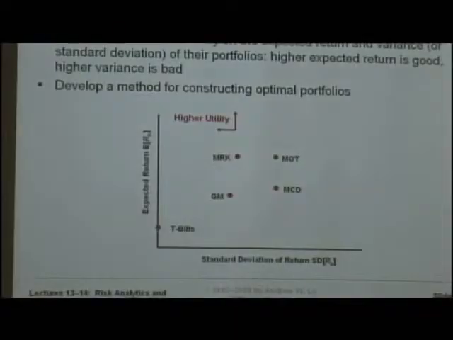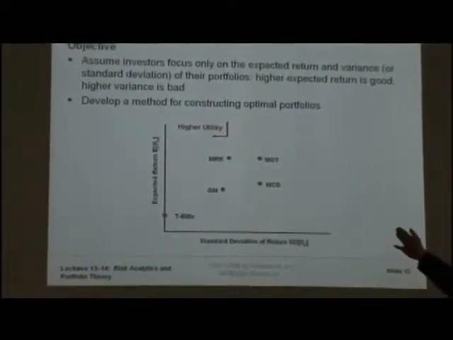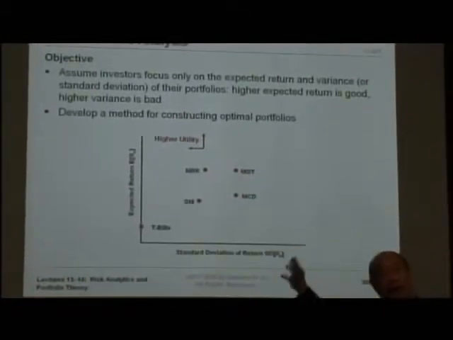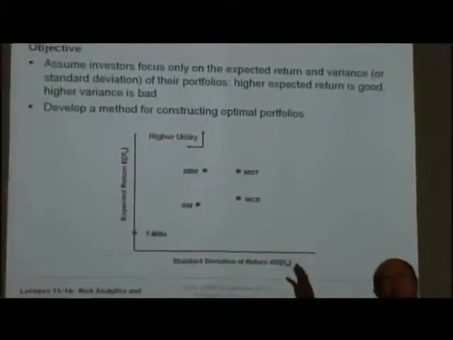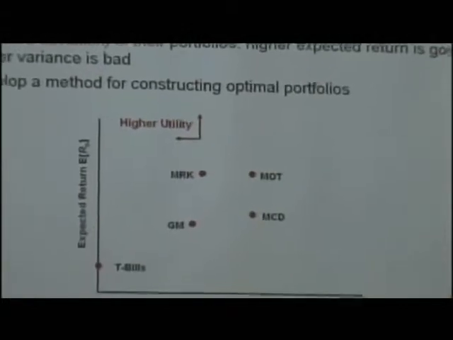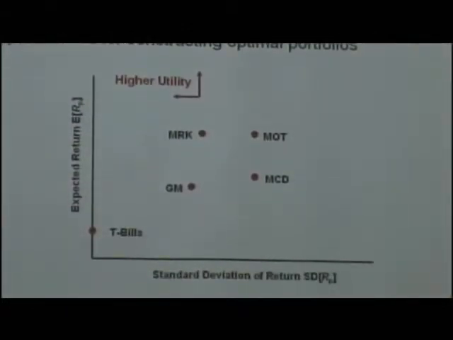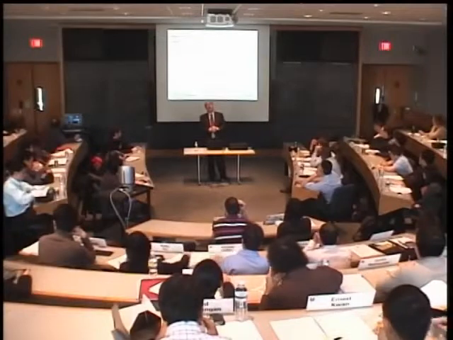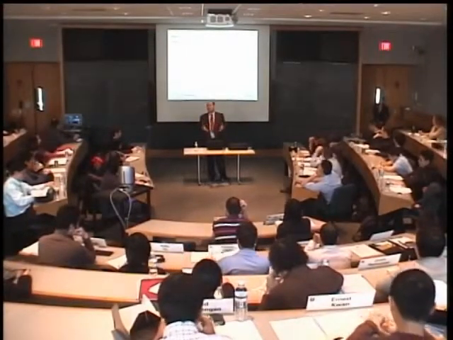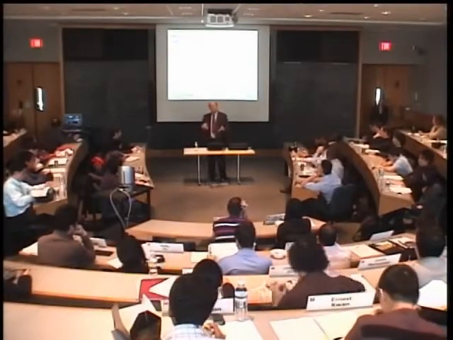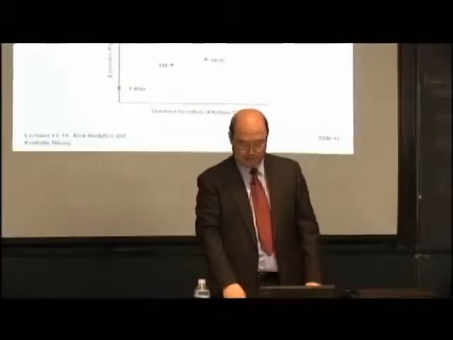But it's not at all clear whether or not that's something that you really want, because, for example, General Motors, while it has a lower expected return than Merck, it does have a bit of a lower risk. And for some people, that might actually be preferred. So at this point, we don't have a lot of hard recommendations to provide you with without any further analysis. So we're going to do some further analysis today.